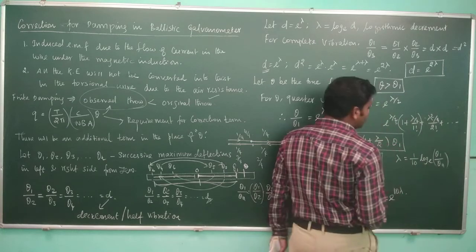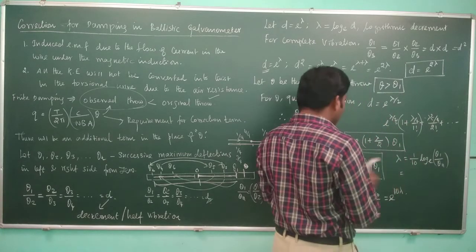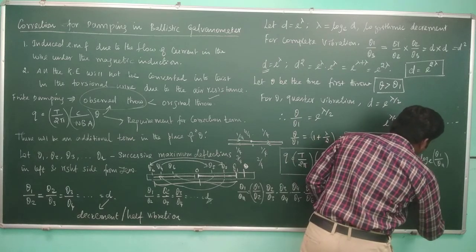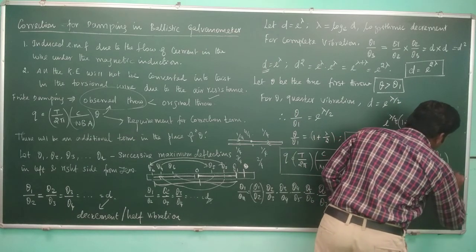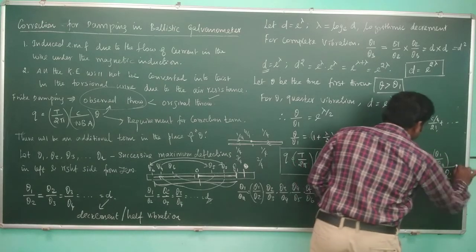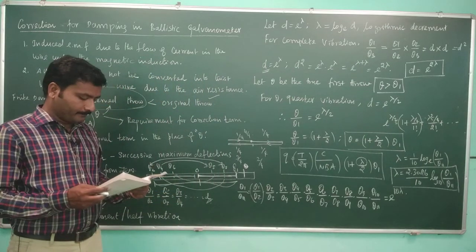If you convert this into log base 10, then you have to multiply this with 2.3026 divided by 10 log base 10 of θ1 by θ11. This is lambda. So this is the expression for lambda.